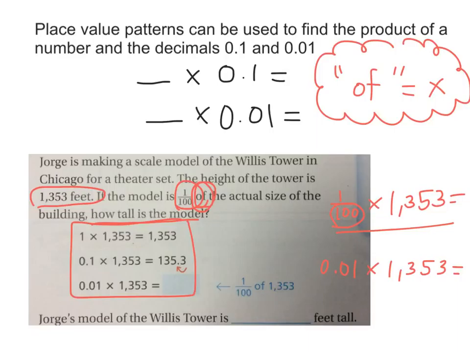And when I move it over 2 spots, what is the answer? 13 and 53/100. So therefore, George's model of the Willis Tower is how tall? 13 and 53/100 feet tall.